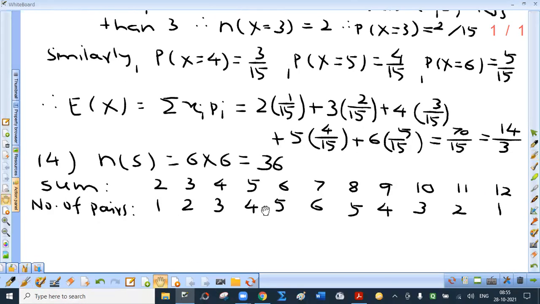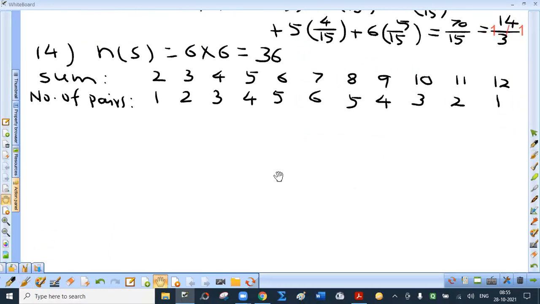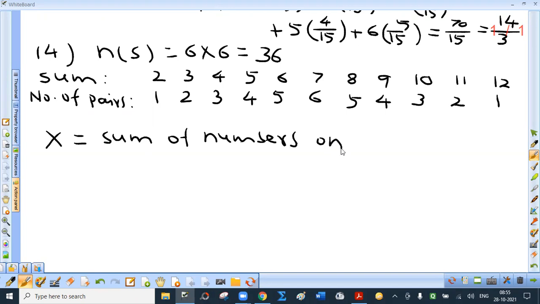Now, how will you define X? What will be X? X is the sum of numbers on the uppermost faces. Write down: sum of numbers on the uppermost faces.